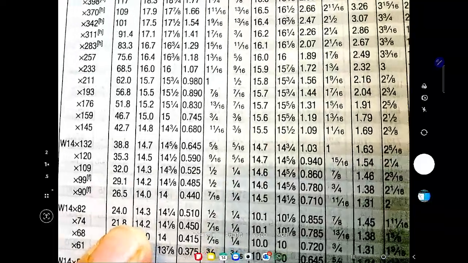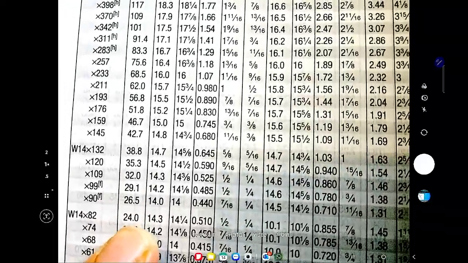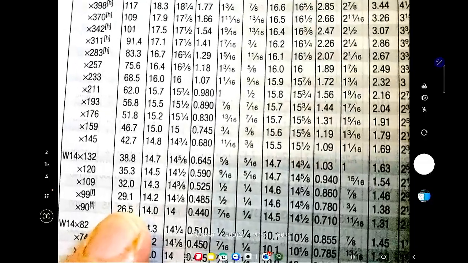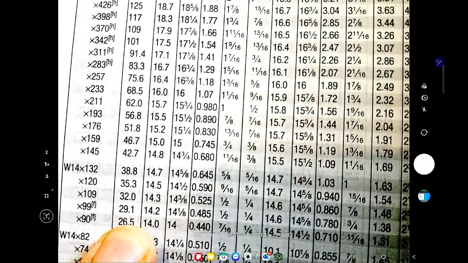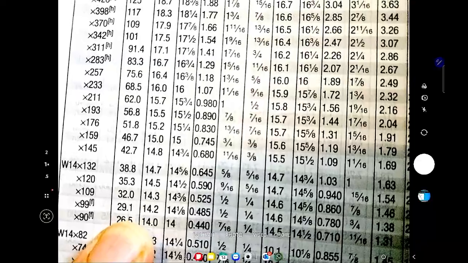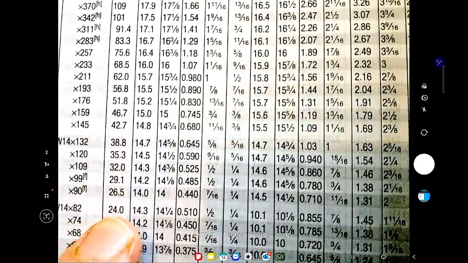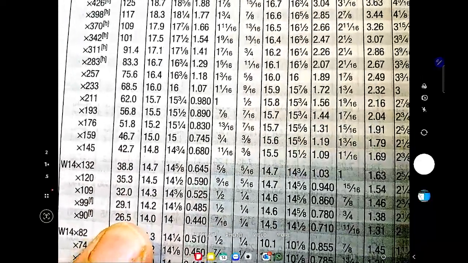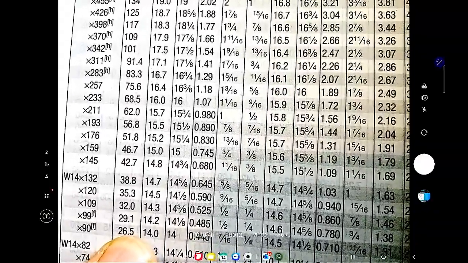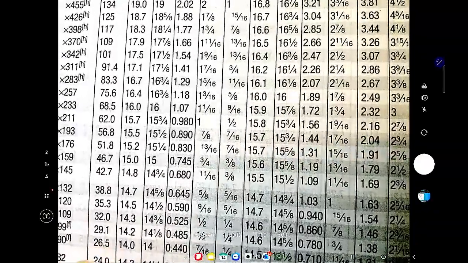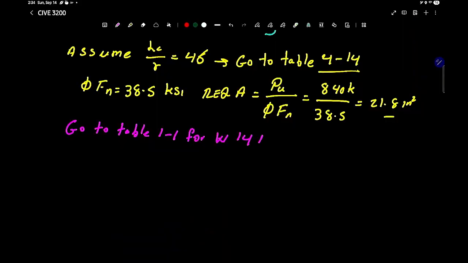You want to pick something one or two higher. I wouldn't even go 24. I'd probably go either W14 by 90 or W14 by 99. I pick from this group. Any from this group is good. So let's just pick the lowest one. Let's pick W14 by 90, with the area 26.5. We picked that one.